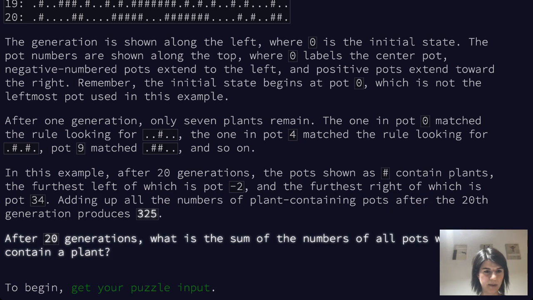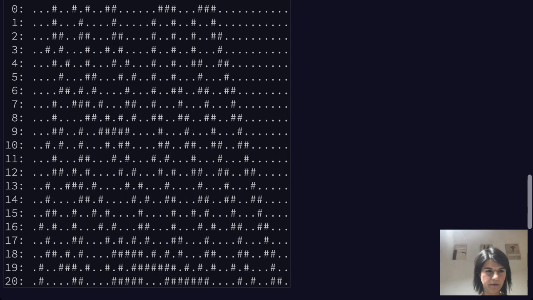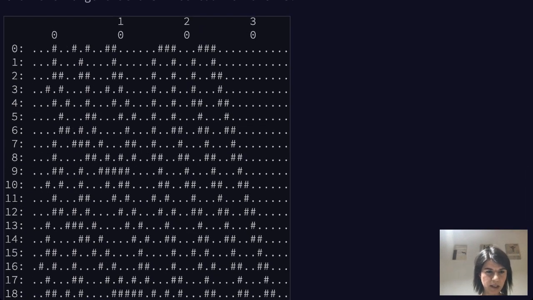In this example, after 20 generations, adding up all the numbers of plant-containing pods produces 325. So I'm adding up every row of plants.